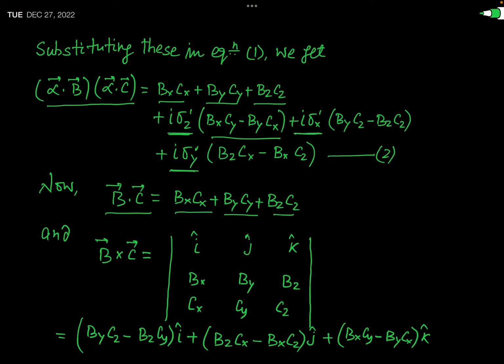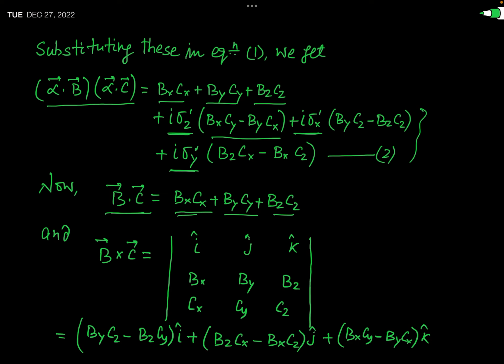So this sum bx cx plus by cy plus bz cz is equal to b dot c, but now we will see what the sum of these remaining terms represents.